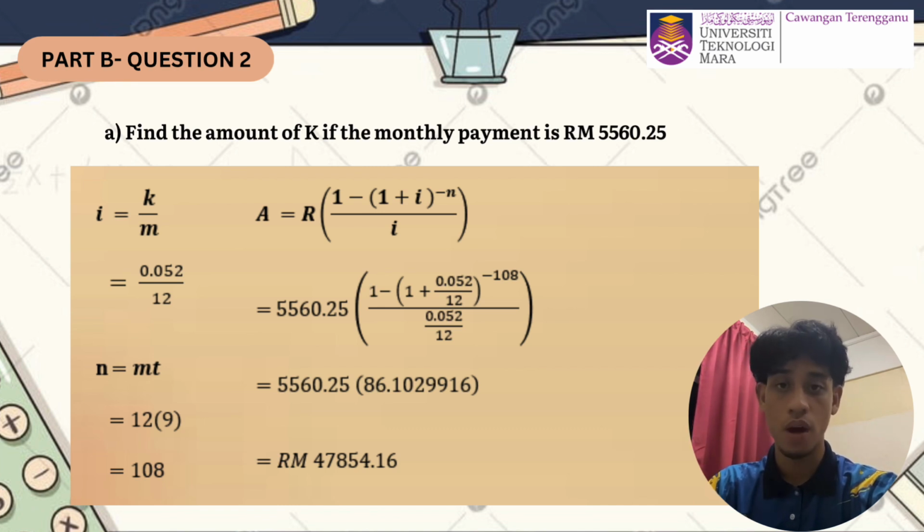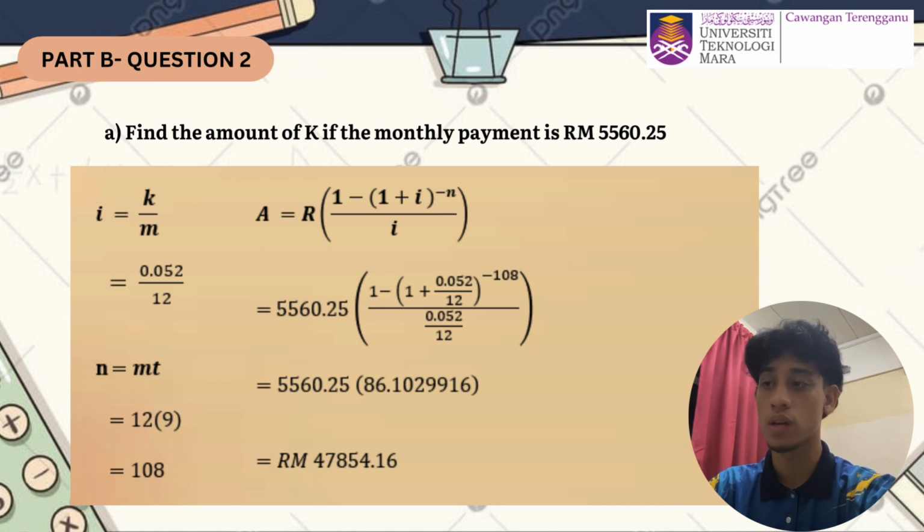The next step is we have to substitute the values into the formula and simplify the calculation, where 5,560 ringgit and 25 cents times [1 minus (1 plus 0.052 per 12) to the power of negative 108] per 0.052 per 12.